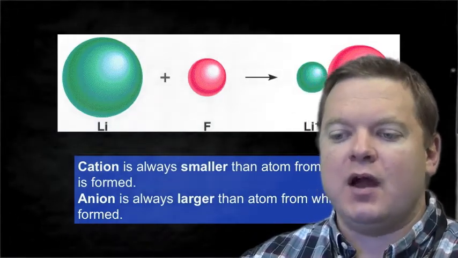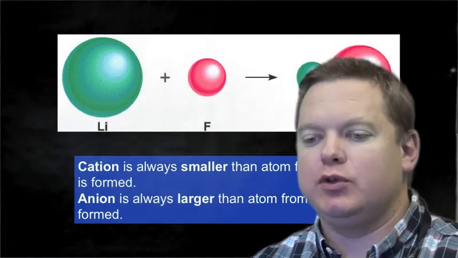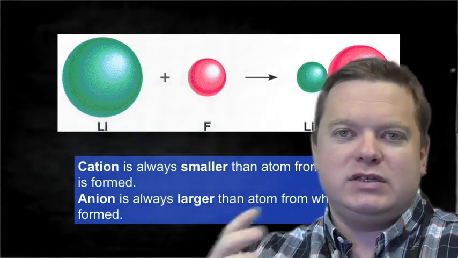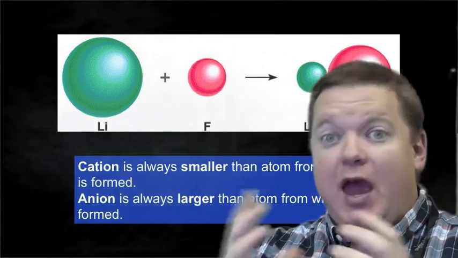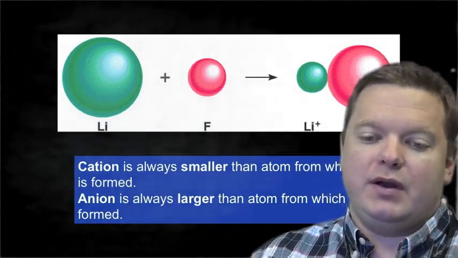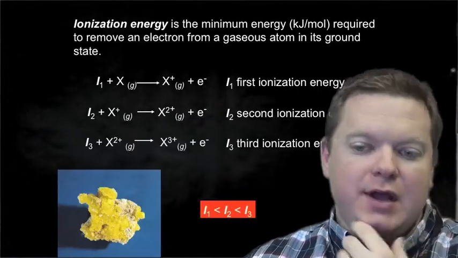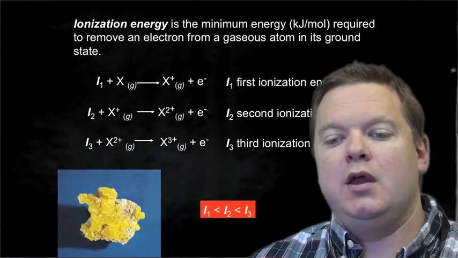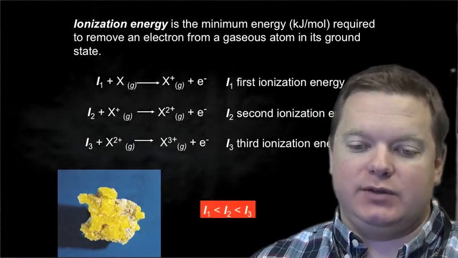Okay. Let's look at a couple other general trends. We've talked about removing and adding electrons. Let's see what happens to the energy associated with those changes as we go across. The first one we're going to talk about is ionization energy. It's the minimum energy required to remove an electron from a gaseous atom in its ground state.